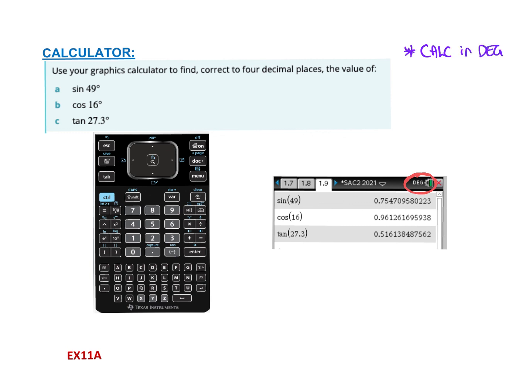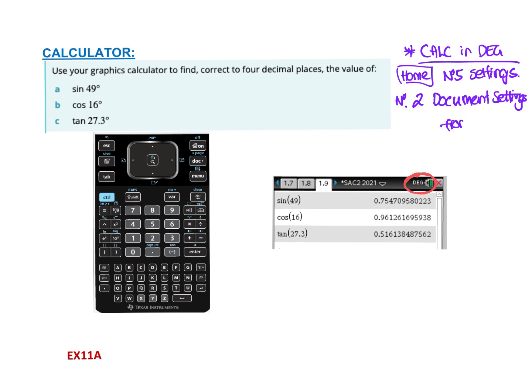I'm just going to pause the video and do it with you. If you need to change it, we went to home and we went to number 5 settings, and then number 2 document settings, and then we changed the angle from rad to degree. Okay.